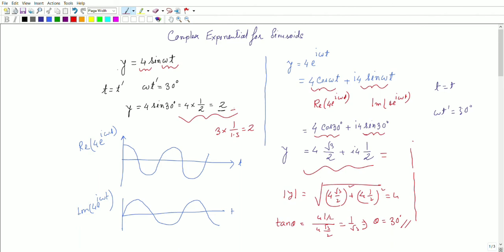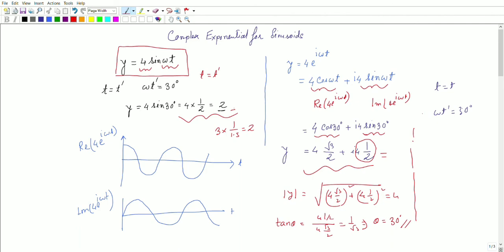If we started the sinusoid using y equal to 4 sine omega t, then at that instant t equal to t dash it becomes y equal to 4 sine 30 degrees. So the information about that instant, that is the 2, we can obtain from the imaginary component. Here we consider the imaginary component because at the start we took 4 sine omega t. So all these three pieces of information we can obtain using the complex exponential.